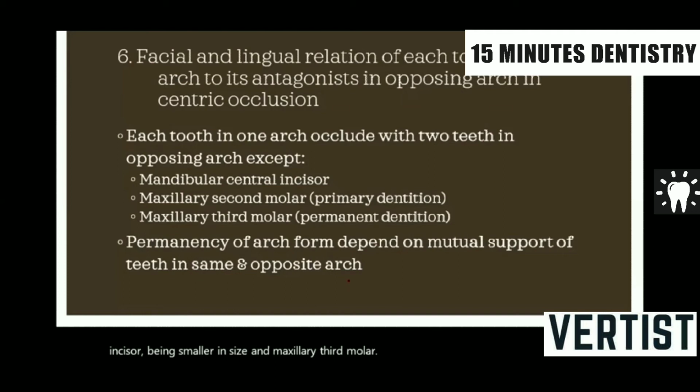The permanency of our arch is totally dependent upon the mutual support between the teeth. This is particularly important for the permanent dentition. In deciduous dentition, usually there are no tight contacts, but in the permanent dentition, tight contacts are very much required.